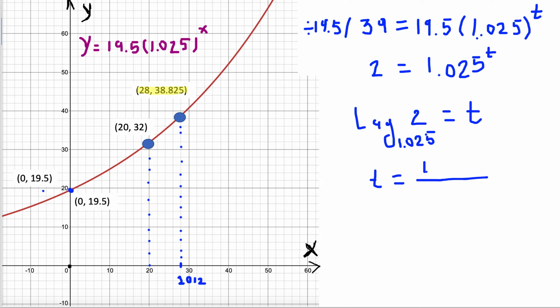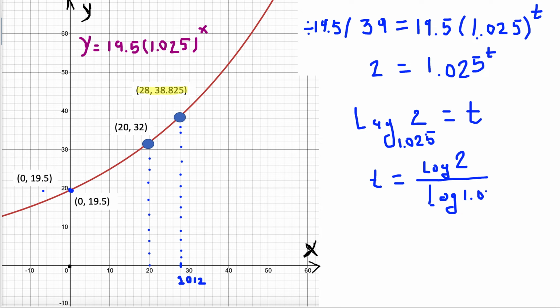So this can be log of 2 divided by log of 1.025.